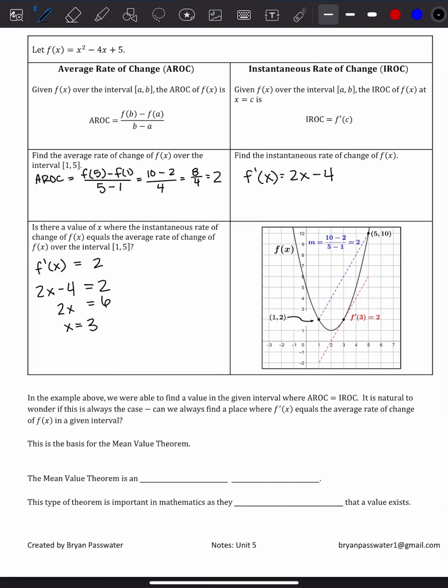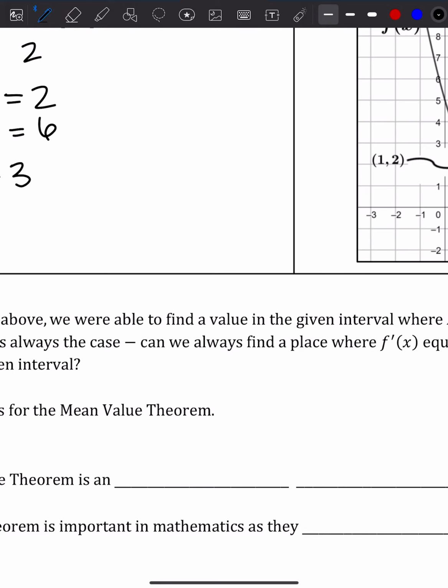So we want to kind of think about, can we always find a place where the derivative is equal to the average rate of change in a given interval? And this is what mean value theorem kind of is at its core. So one of the first things that we need to know is that the mean value theorem is just like the intermediate value theorem.